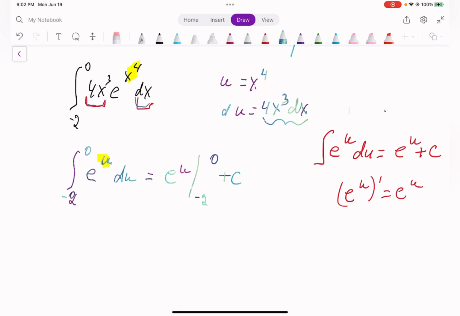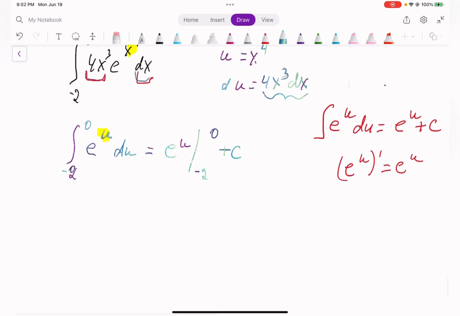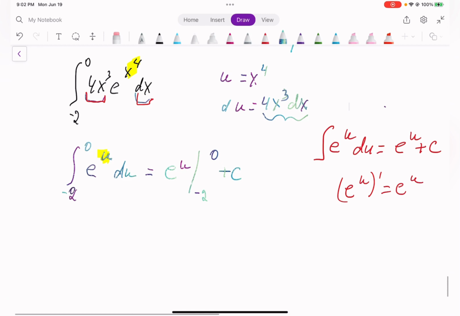So I'm going to substitute. Again, you bring it back. It's going to be x to the 4. So answer is going to be e to the power x to the 4, from negative 2 to 0, plus c.